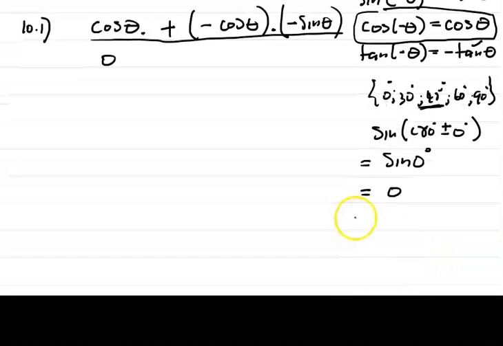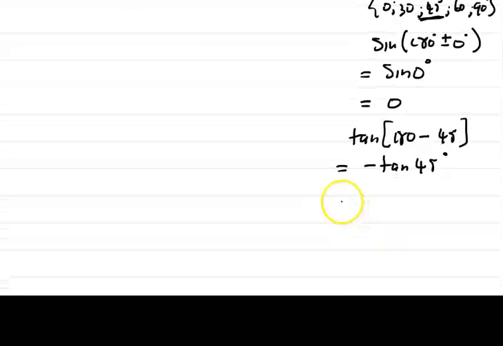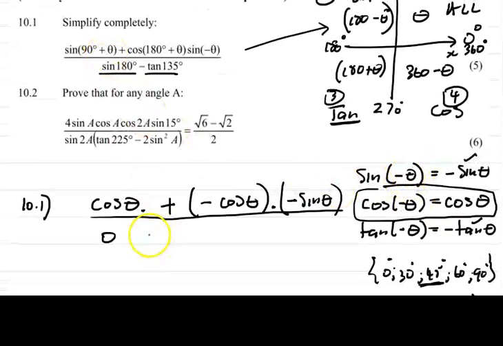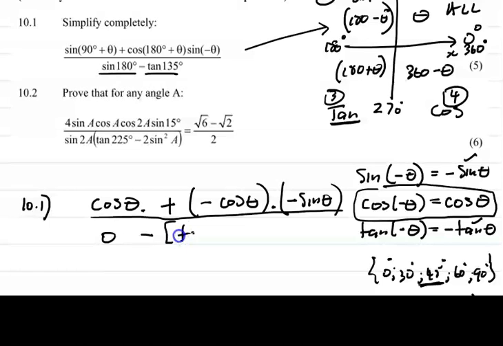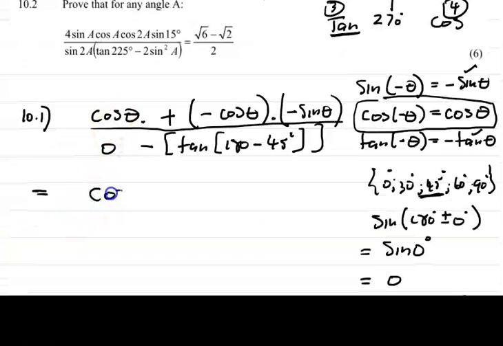So therefore that will be tan of 180 minus 45 degrees, equals minus tan 45 degrees, which will be minus 1. So let's write that down. This will be minus tan of 180 minus 45 degrees.